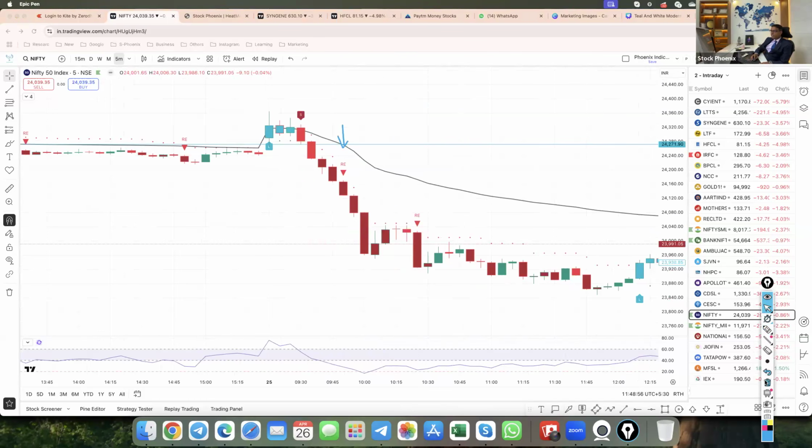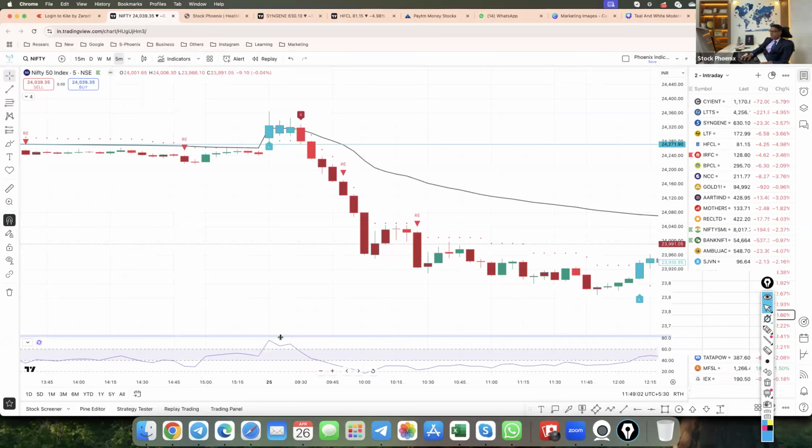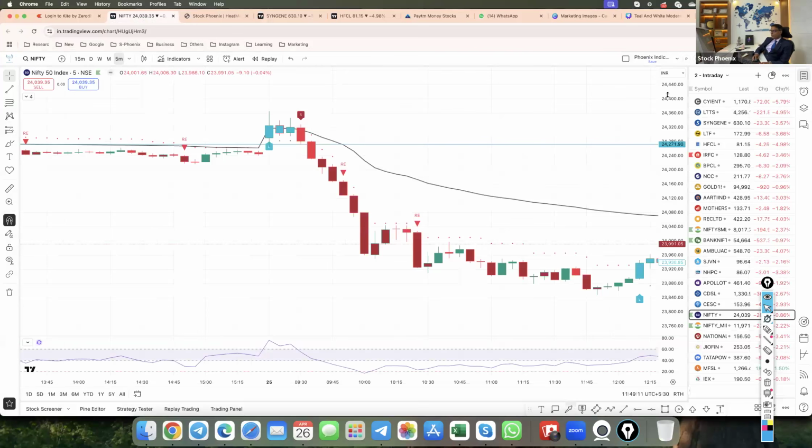So the entry is 24,271. Clear? This is the entry for shorting. Any confusion to anyone?